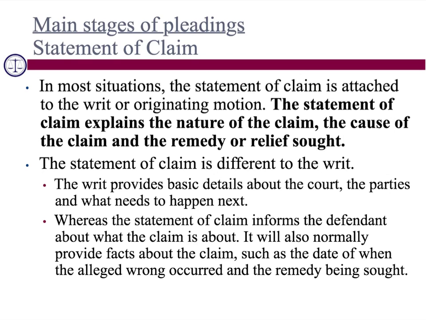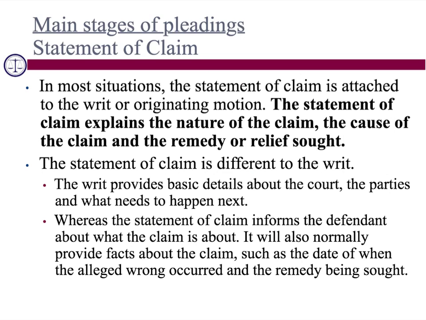The statement of claim simply explains what the claim is going to be, the cause of the claim, and the remedy that the plaintiff wants. Even though they're filed at the same time, it's important for you to know that the statement of claim is different to the writ. The writ provides the basic details like what court it's going to be held in, whereas the statement of claim is about what the case is actually going to be about.